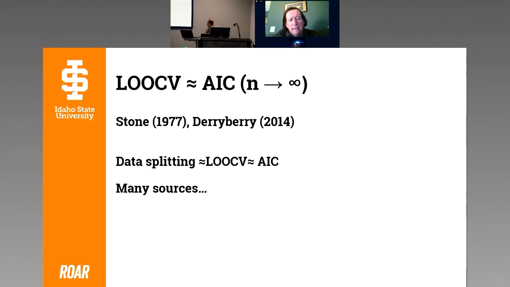Stone in 1977, as referenced at the end of this presentation, was the first one to show this asymptotic relationship. In other words, if you have several candidate models and you rank them based on leave one out cross validation and based on AIC and the sample size is large, they rank the models in the same order.